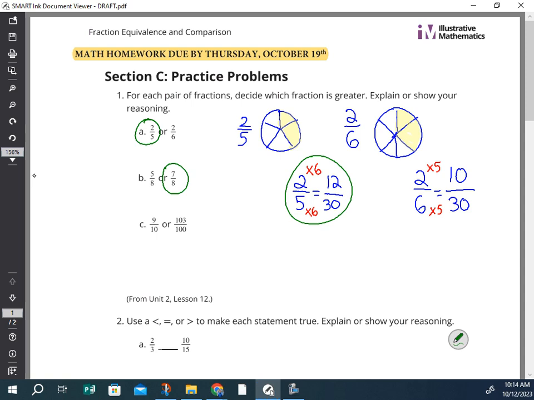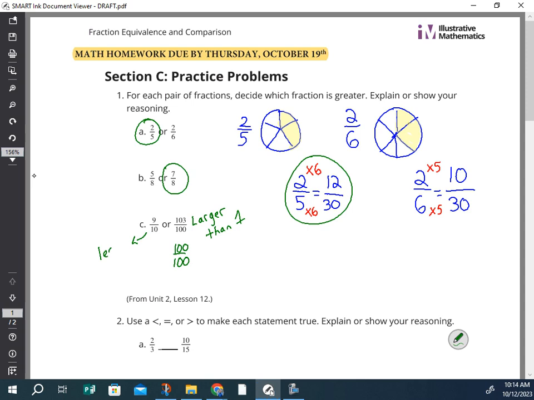9/10 or 103/100. Well, I know that 100/100 is a whole thing, so I know this one is larger than 1. Larger than 1 whole. And I know 9/10 is less than 1.